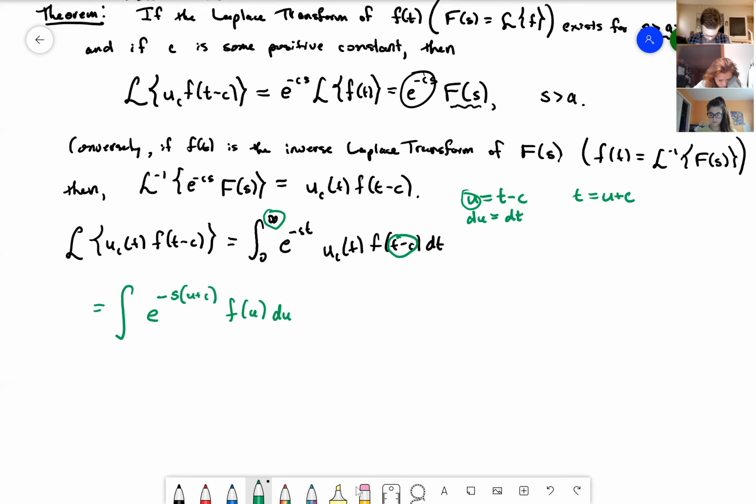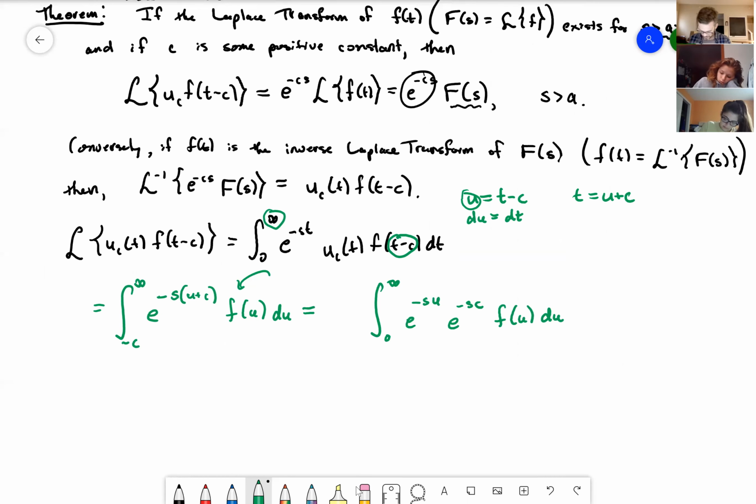Okay. Well, I guess I didn't write down this detail. But anyway, since this is in terms of u, the upper limit is going to be infinity minus c, which is just infinity. The lower limit is going to be minus c. But remember that this function f was only defined for 0 forward. So it's 0 for negative arguments. So we just rewrite this thing as the integral from 0 to infinity of e to the minus su, e to the minus sc, f of u du.